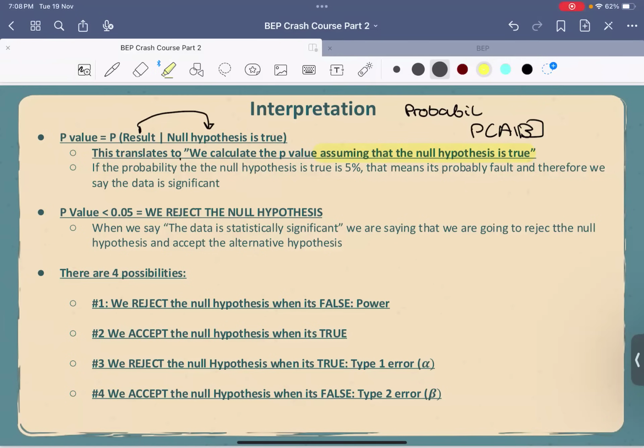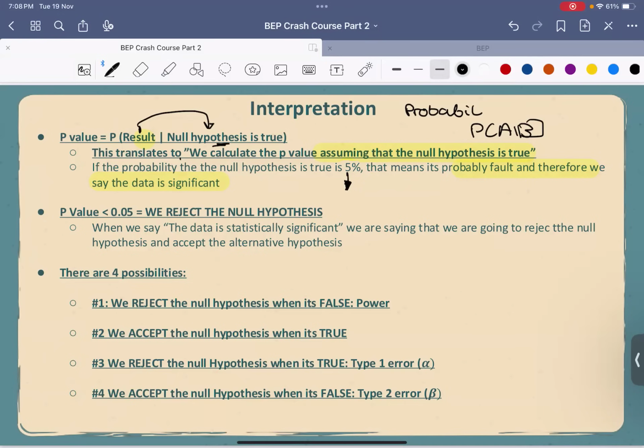So if the probability that we get the result when the null hypothesis is true is 5% or less, that means that it is probably false, and therefore we see the data is significant. Let me explain this in other words. If we assume that the null hypothesis is true and the probability of that happening is less than 5%, then the null hypothesis is probably false, and we accept the alternative hypothesis.